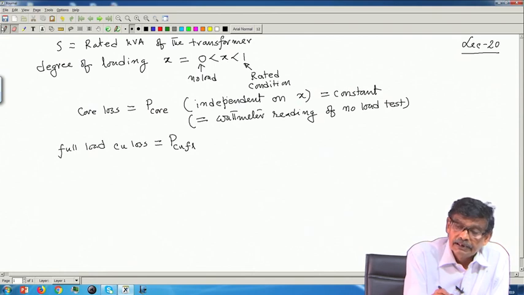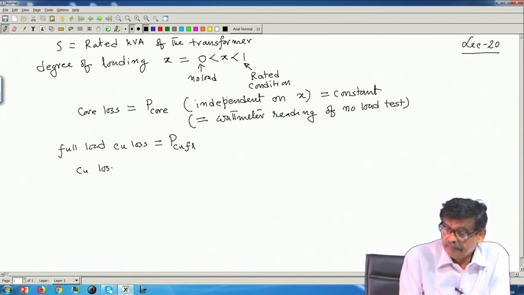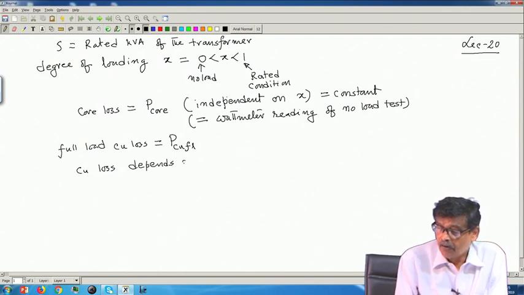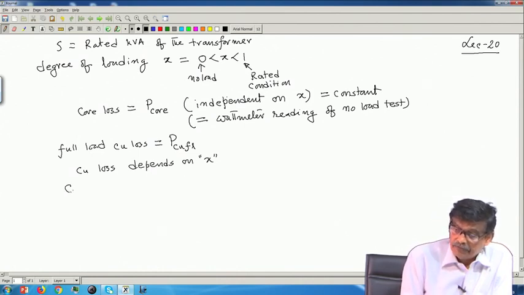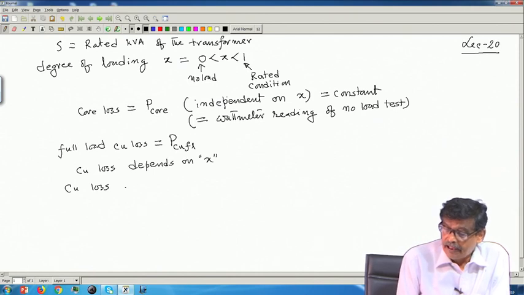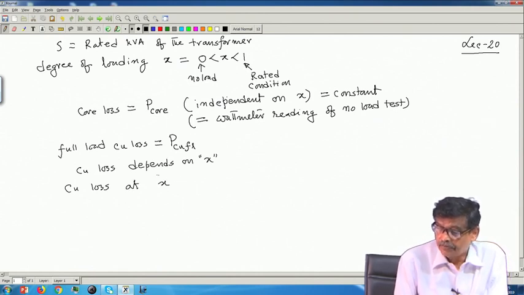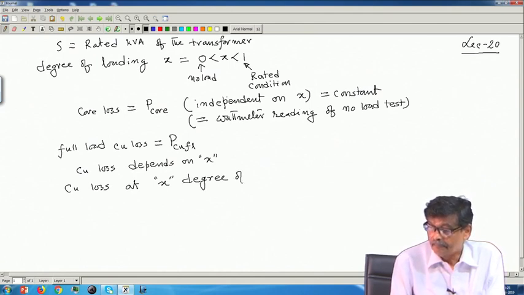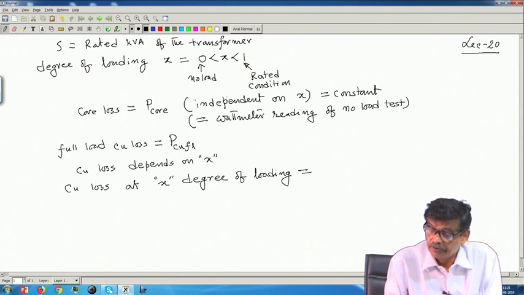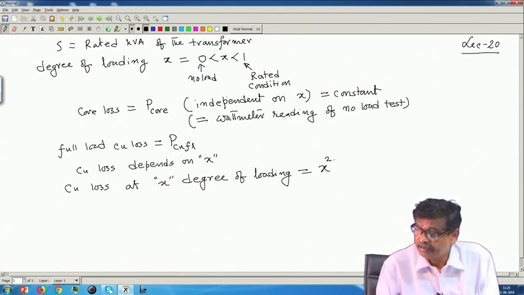Then I told you copper loss depends on x, the degree of loading, and therefore copper loss at x degree of loading, in terms of this P CU full load, will be simply x square into P CU full load.